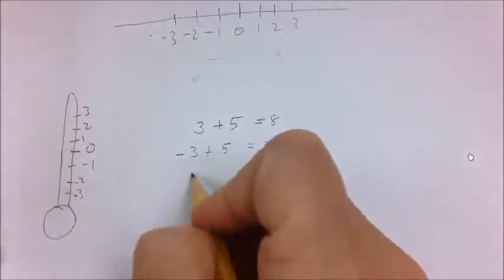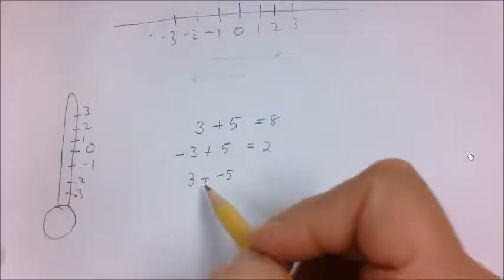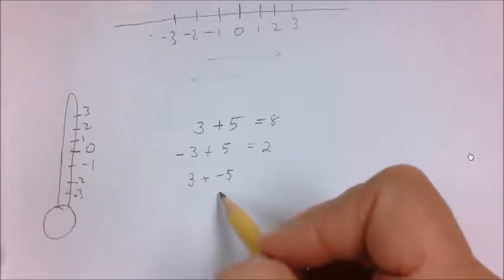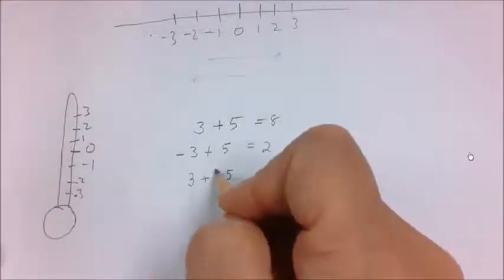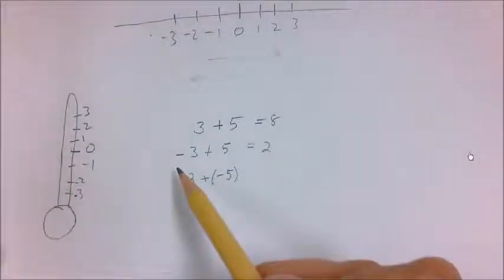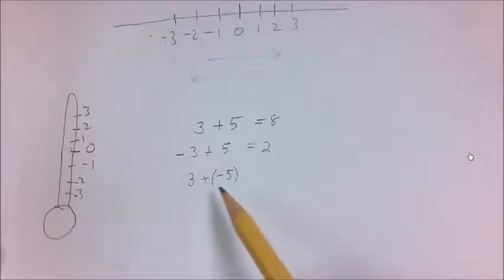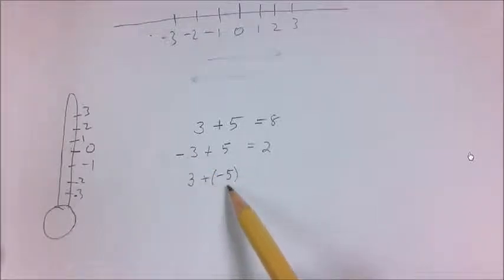Okay, let's do it again. Let me do 3 plus -5. Now, whenever we have two signs, we get worried because it's confusing. So I will put a bracket around the -5. Notice the bracket wasn't required over here because it's not two signs, so it's not confusing. Over here it is, so I will separate them by putting the -5 in brackets.